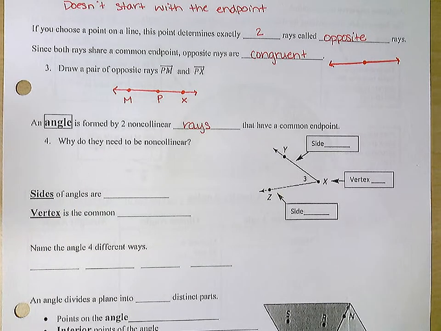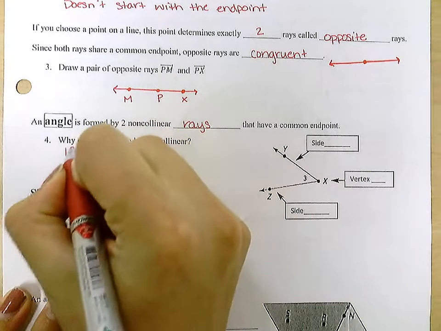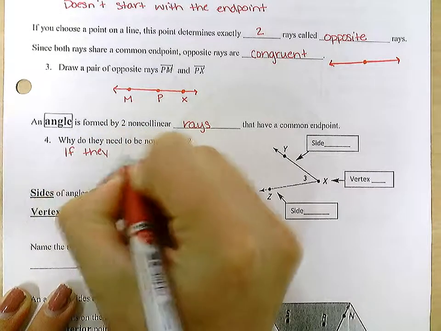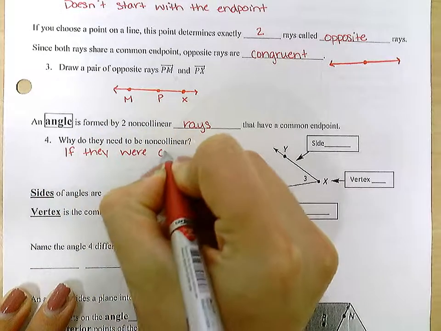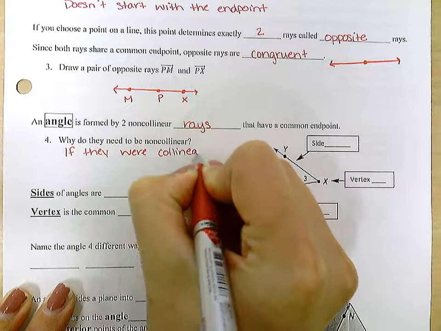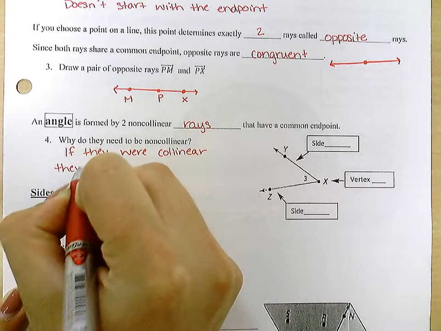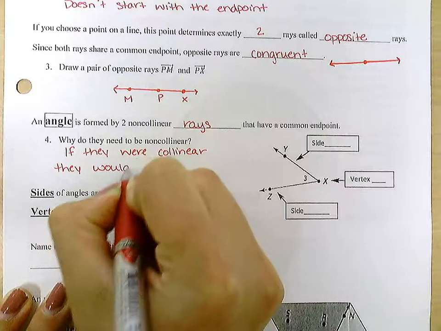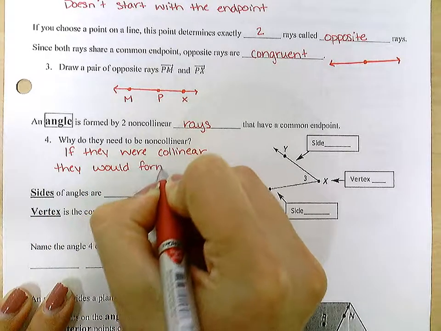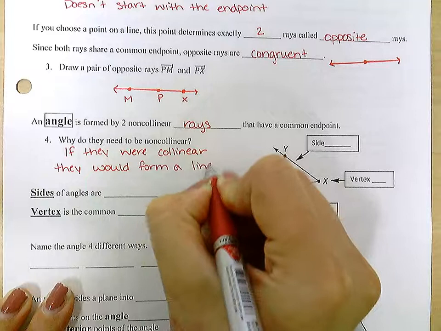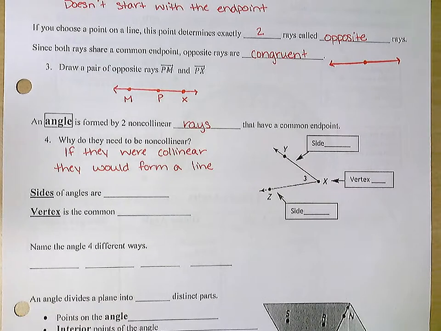I kind of just answered that question for you. If they were collinear, they'd form a line.